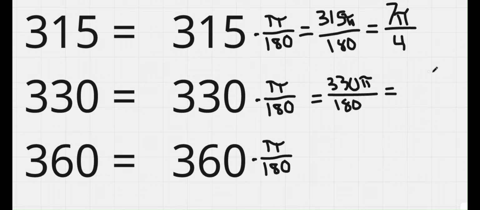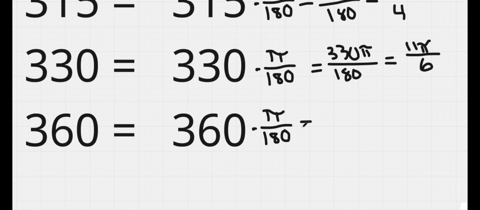Our greatest common factor here is 30. 30 goes into 330 11 times. Yep, 30 goes into 300 10 times. So 30 goes into 330 11 times. And 30 goes into 180 6 times.